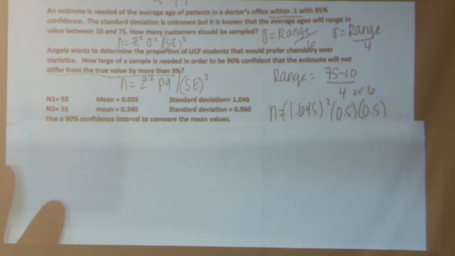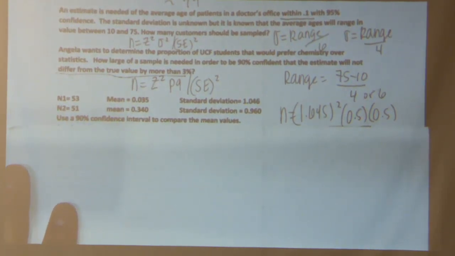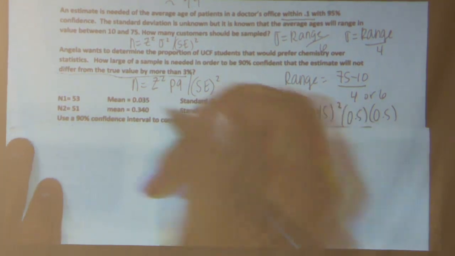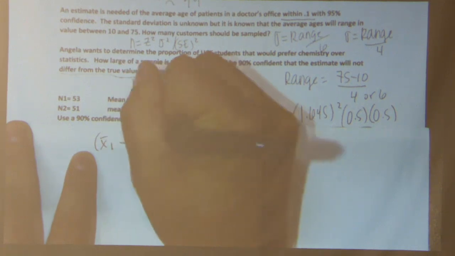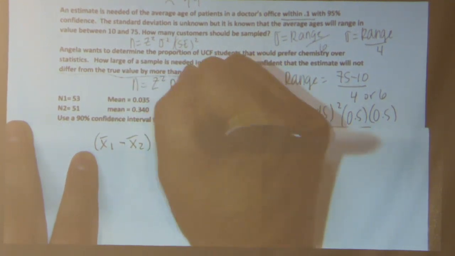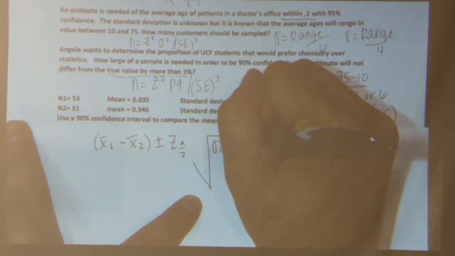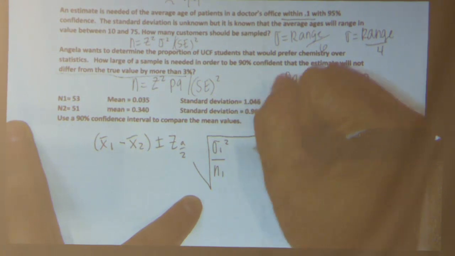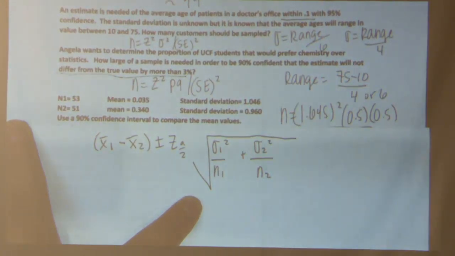To construct a 90% confidence interval to compare the mean values, we are going to use the formula x bar 1 minus x bar 2 plus or minus z alpha halves times the square root of the first standard deviation squared over its n value plus the second standard deviation squared over its respective n value.